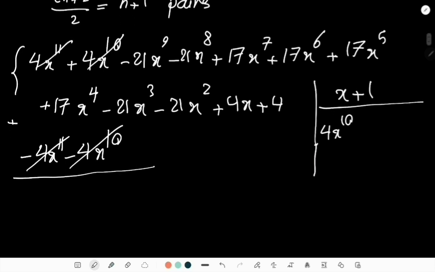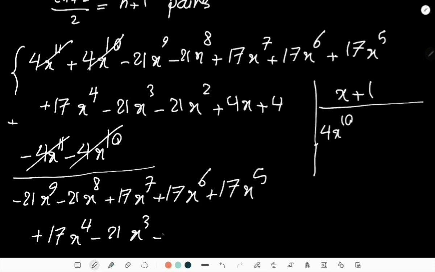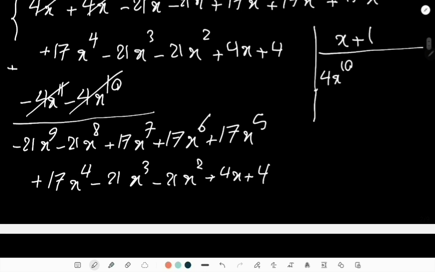Then I get minus 21x^9 and all these terms, which I have to unfortunately write. I know it's a little bit tedious, but I have to do it. So here I have x^4 minus 21x^3 minus 21x^2 plus 4x plus 4.